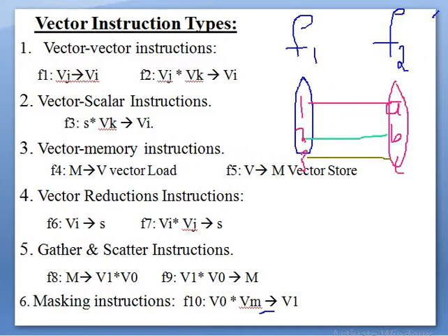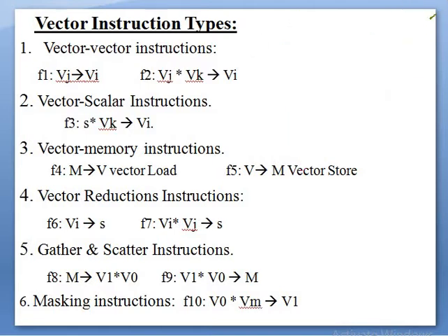Now, what are the vector functions? Let's study with respect to the processor. There may be activity between two vectors. One vector belongs to function 1, another vector belongs to function 2. Whatever is in Vj gives its effect on Vi. Vj is one vector set, another vector set is Vi.